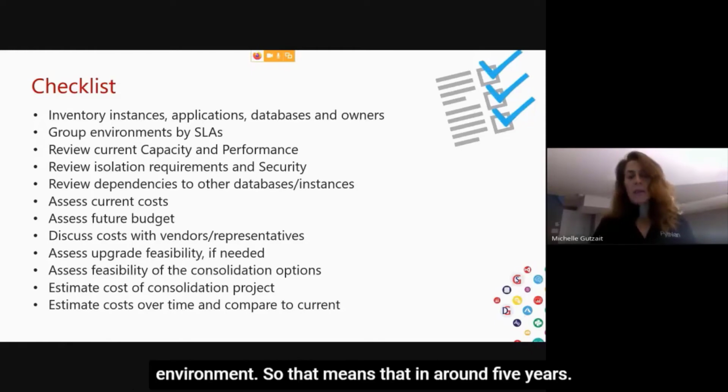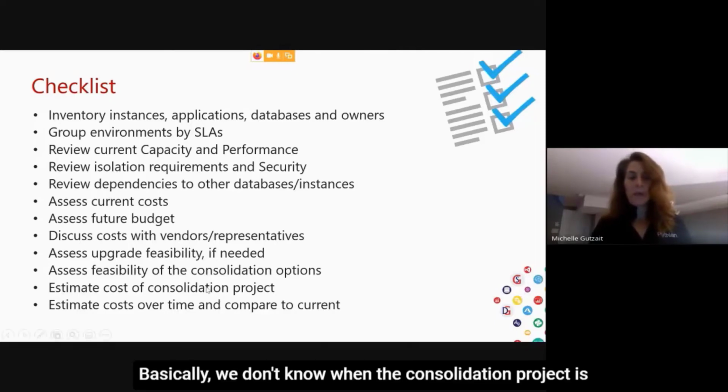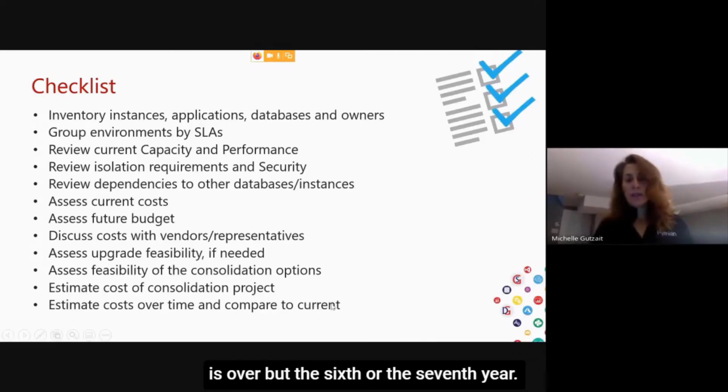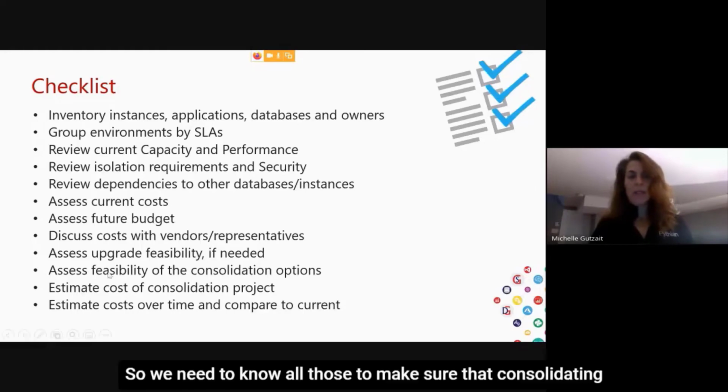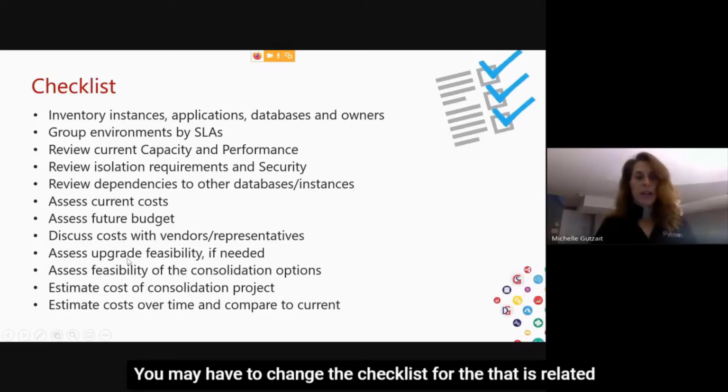So that means that in around 5 years, we're going to be even. And only in the 6th year, basically we don't know when the consolidation project is over, but the 6th or the 7th year, we're going to start saving $20,000. So we need to know all those to make sure that consolidating makes sense. If your goal is not to reduce costs, you may have to change the checklist that is related to the costs.